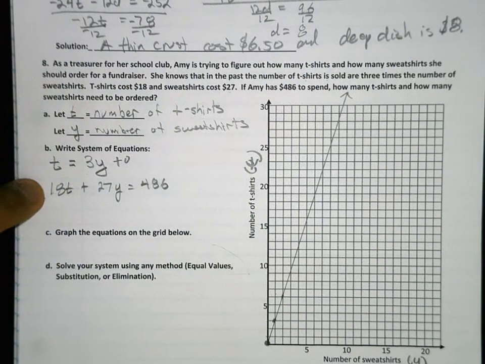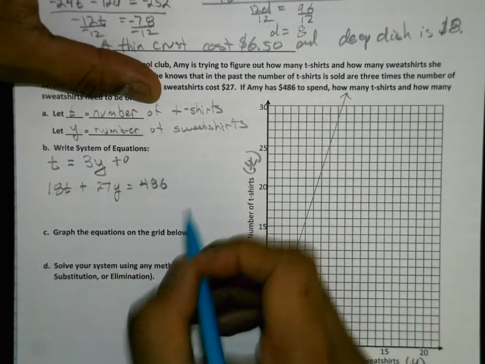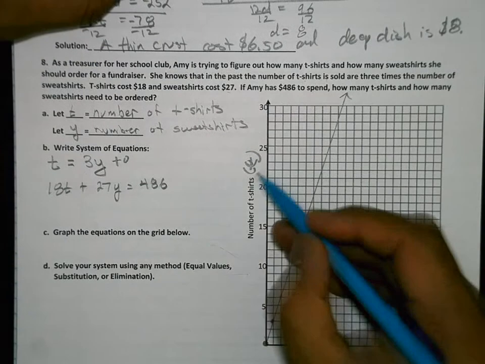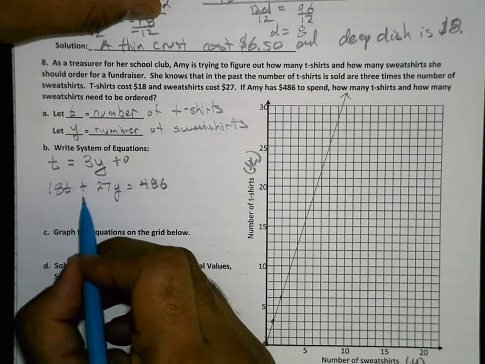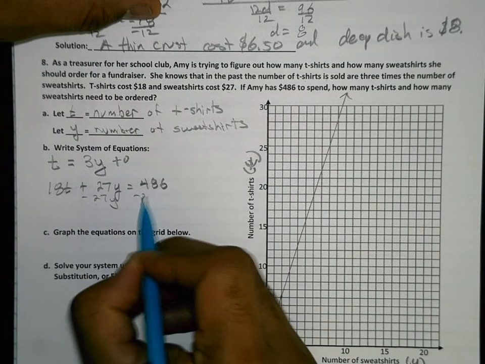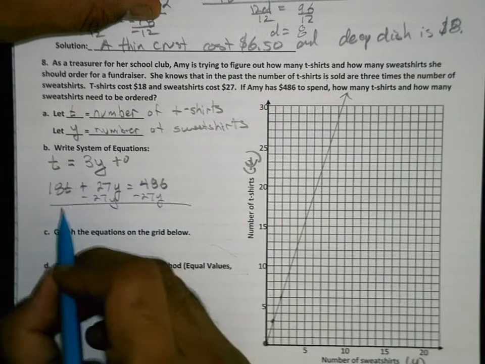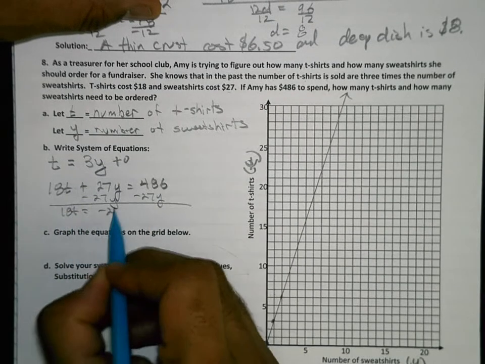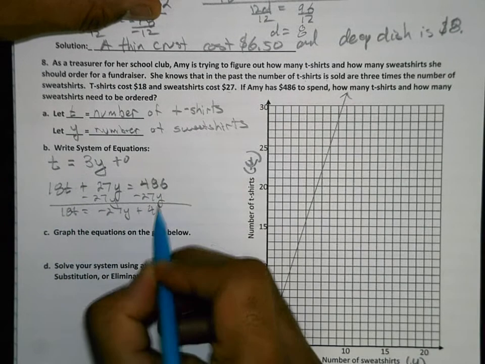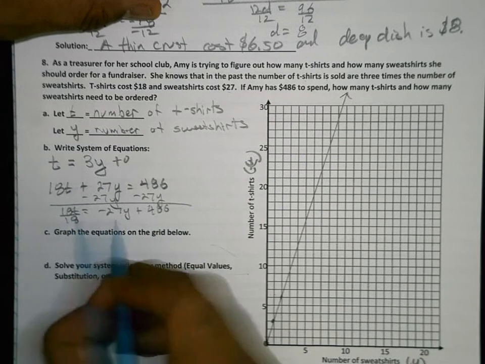Now this one, I'm going to solve it for Y before I graph it. In this case, the Y value is the T, so I'm going to get the T by itself. So subtract 27Y from both sides: 18T equals negative 27Y plus 486, divided by 18.